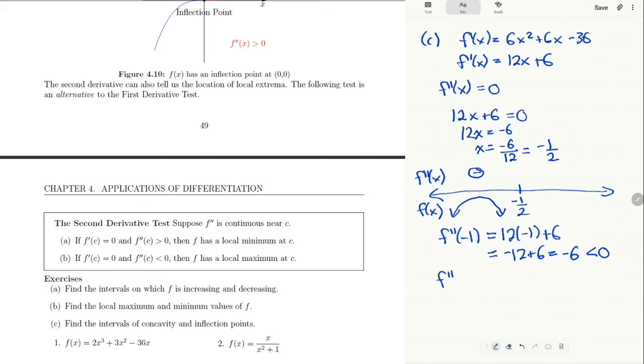Now let's test a number between negative 1/2 and infinity, for example 0. And we have 12 times 0 plus 6, which is positive 6. So the second derivative will be positive between negative 1/2 and infinity, meaning that the function will be concave up on this interval.